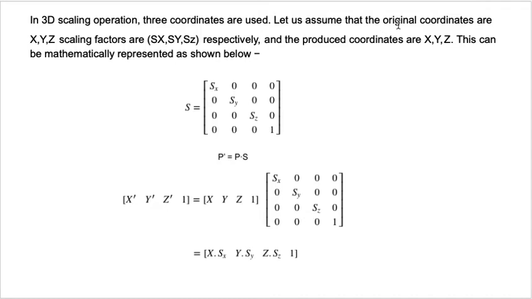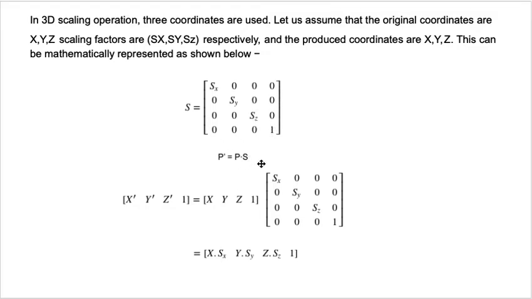Let us assume that the original coordinates are x, y, z, and the scaling factors are sx, sy, and sz respectively, and the produced coordinates are x dash, y dash, z dash. This can be mathematically presented as below. S is the matrix with sx, 0, 0, 0, then 0, sy, 0, 0, then 0, 0, sz, 0, and 0, 0, 0, 1.